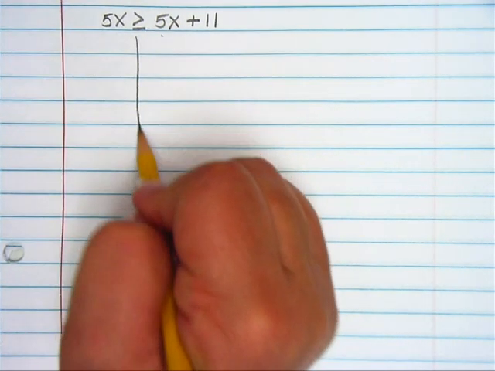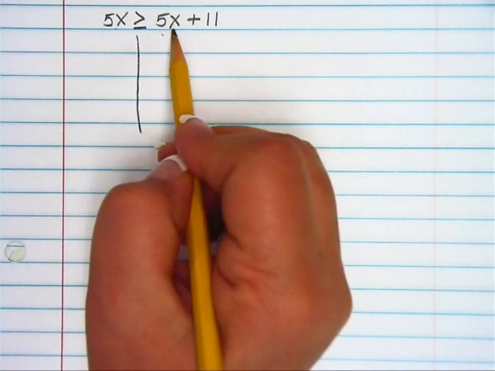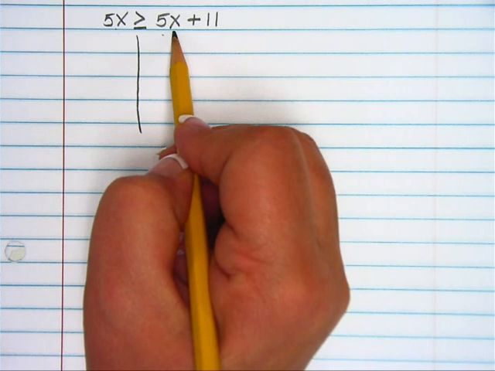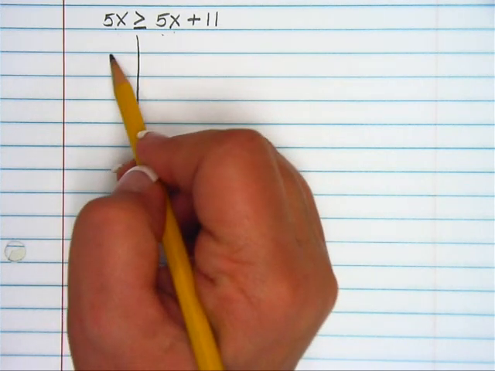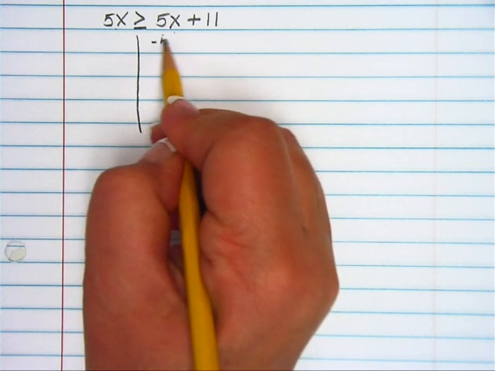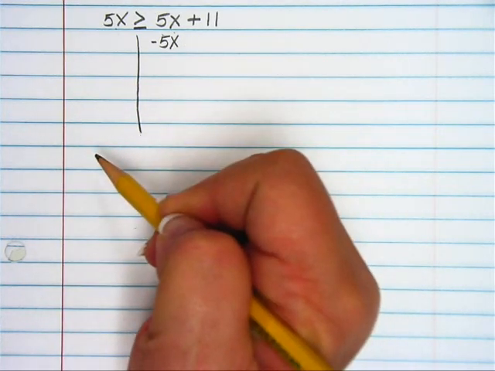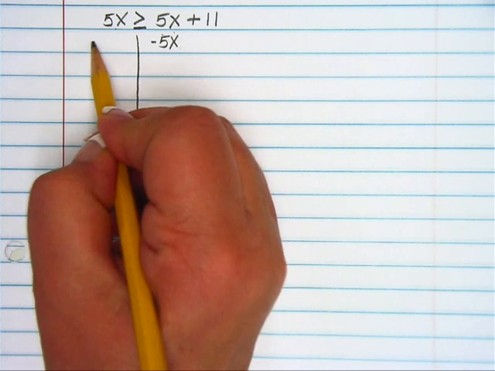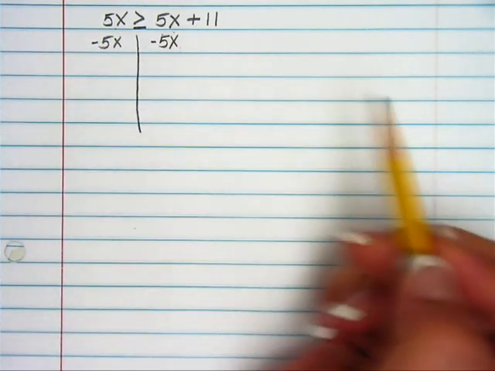Well, look at these. Look at 5x and 5x. They're the same size. But we still need to get all the variables on one side, so we still do the additive inverse. I'm going to say minus 5x on this side, and then minus 5x on this side.